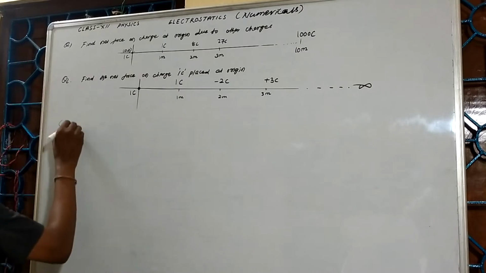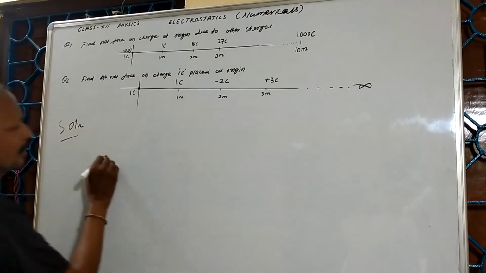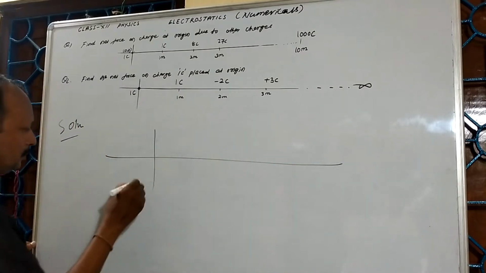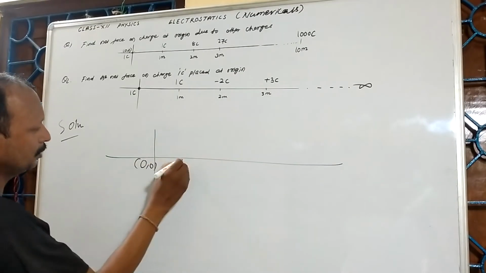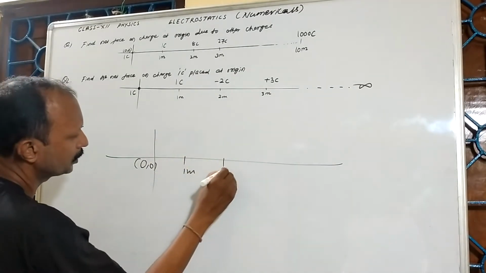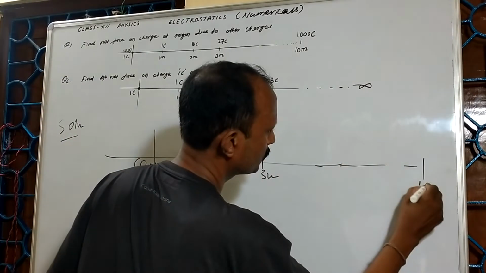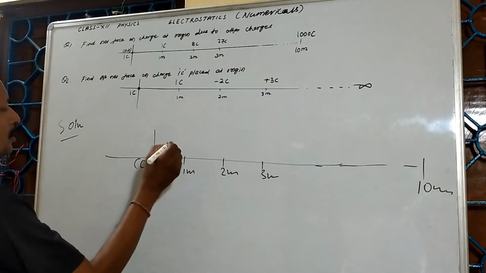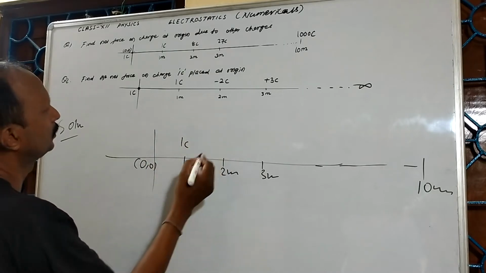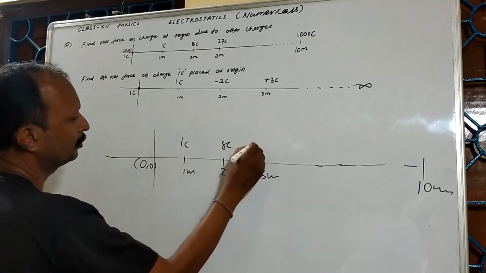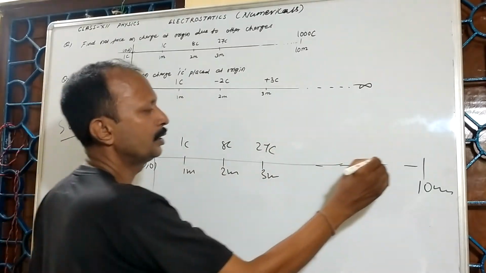Let us see. It is mentioned like this. This is the origin. This is 1 meter, 2 meter, this is 3 meter, like that. This is 10 meter. Here is 1 coulomb, 8 coulomb, 27 coulomb, like this.